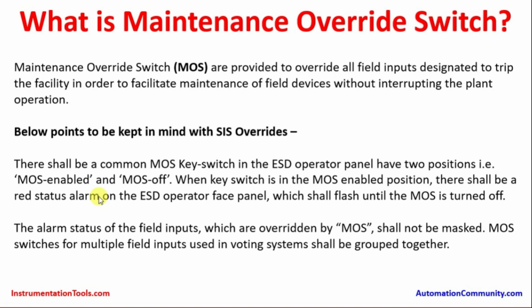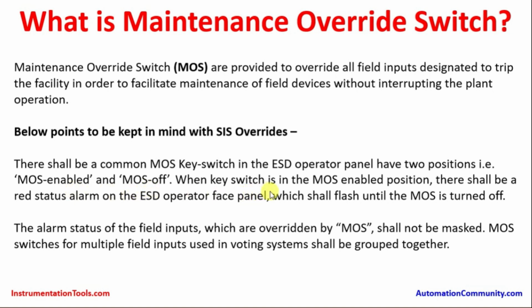There shall be a common MOS key switch in the ESD operator panel. It has two positions. ESD stands for Emergency Shutdown System. There will be an operation panel inside the control room. It will have a MOS key switch, which is the maintenance override switch, and it will have two positions. One position is MOS enabled and the other one is MOS off.